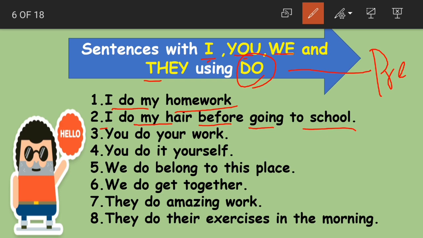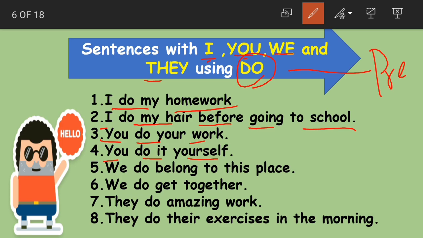Okay, now you do your work. So we are telling somebody that you do your work. Okay. And now you do it yourself. So do not take anybody's help. You do it yourself.